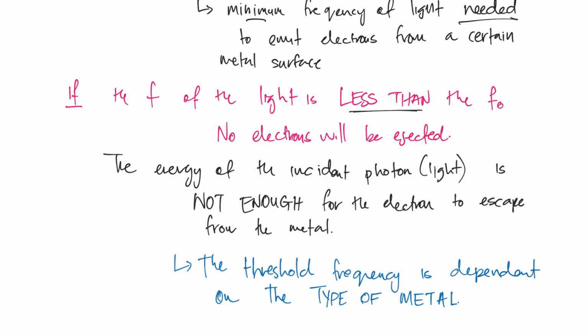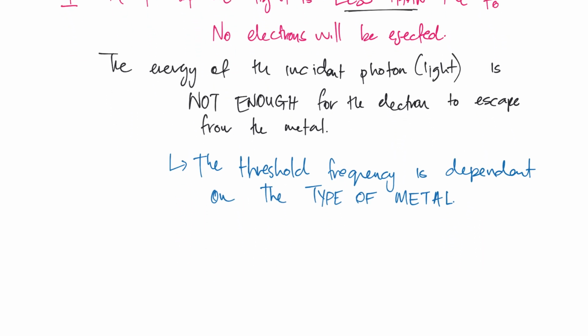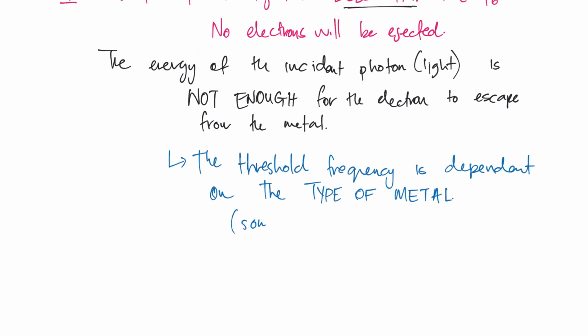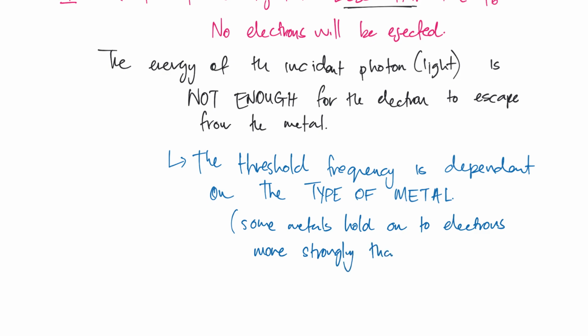So some metals hold onto their electrons more strongly than others. So it's not just about the intensity of the light, it's also about the type of metal that we use.